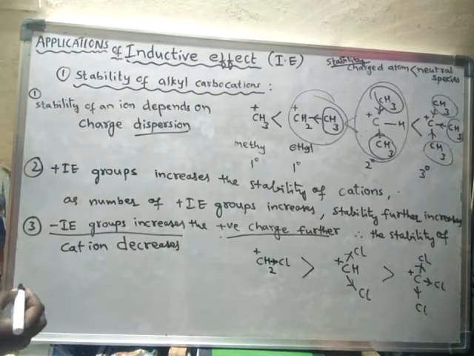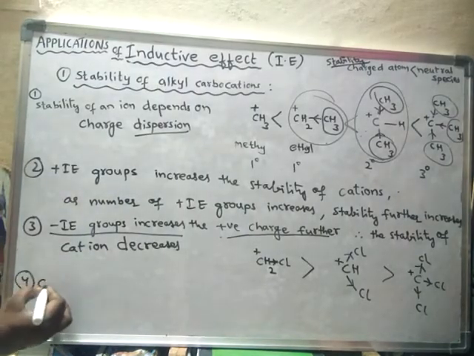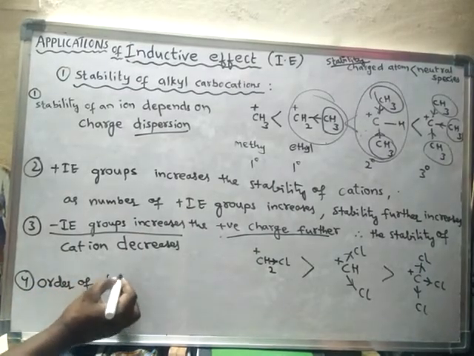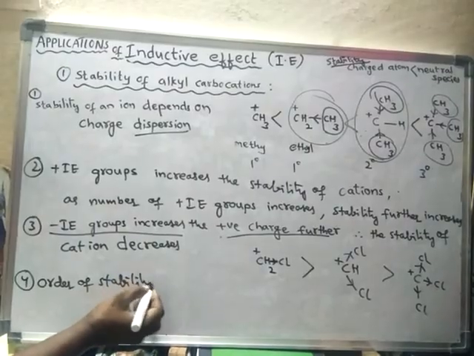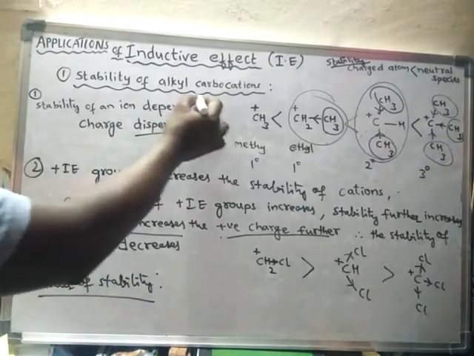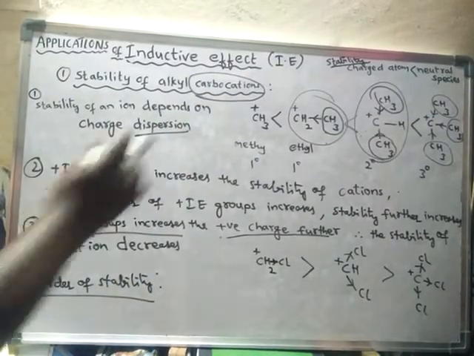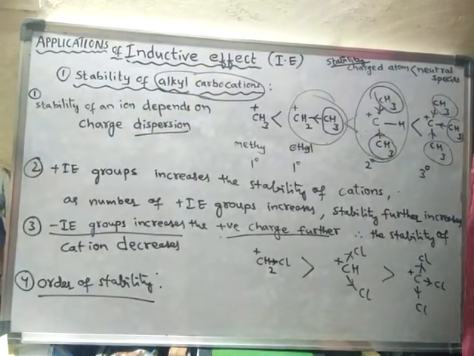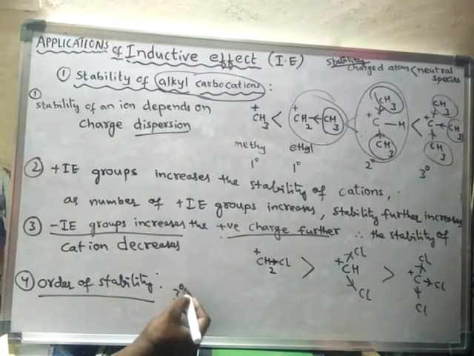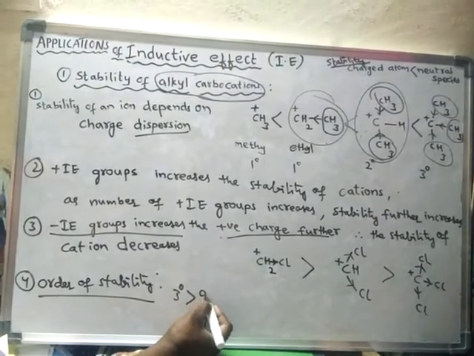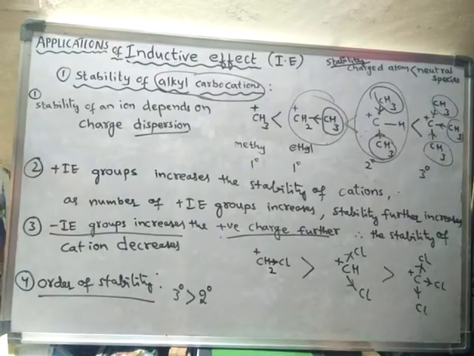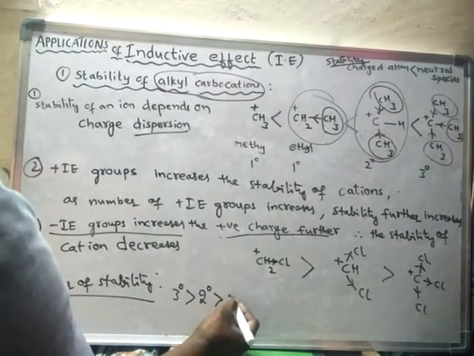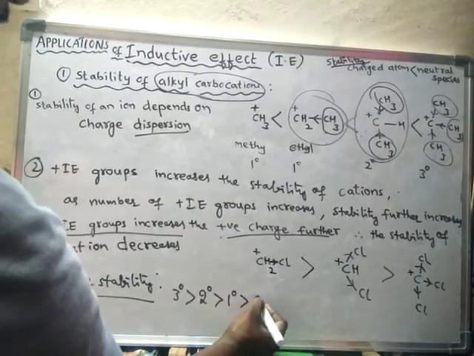If you speak of the order of stability of alkyl carbocation, remember that tertiary carbocation is always more stable than secondary carbocation, and this is more stable than primary carbocation, and this is more stable than methyl.